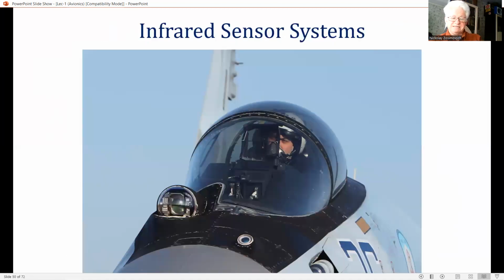The infrared sensor systems have the major advantage of being entirely passive systems. Infrared or IR sensor systems can be used to provide a video picture of the thermal image scene of the outside world using either a fixed FLIR sensor or alternatively a gimbaled IR imaging sensor.